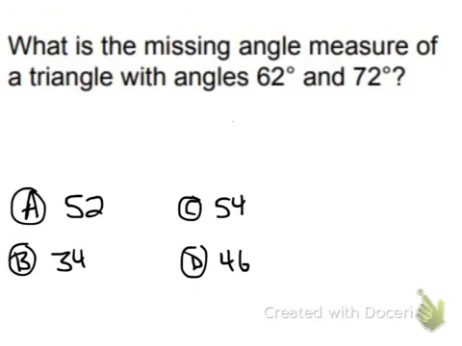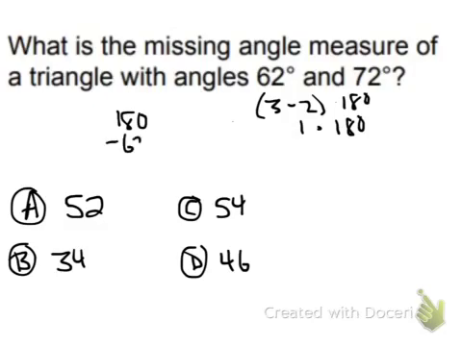Alright, this question here says, what is the missing angle measure of a triangle with angles 62, 72? Well, once again, we know that the sum of the interior angles of a triangle is always 180 degrees. We got that by 3, because it's a triangle, minus 2 times 180. So what we can do is take 180, and subtract 62.